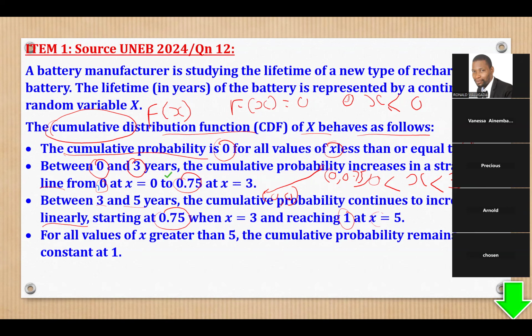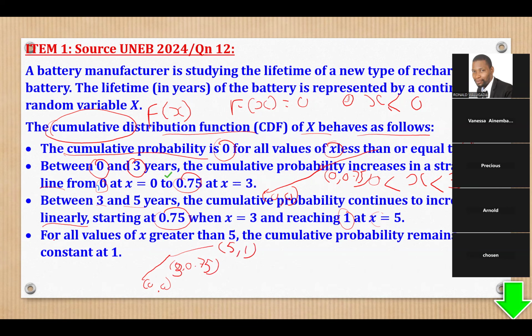So from here, there's another straight line. One line is here, it stops here, then another one can come. So this is 3, 0.75, then this one is 5, 1.